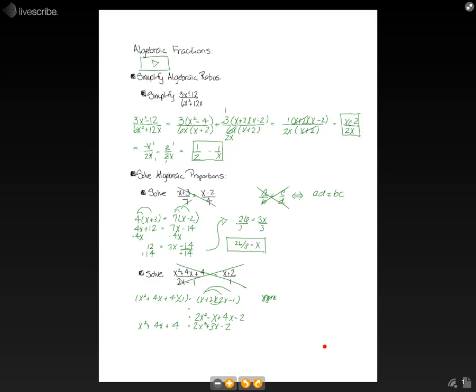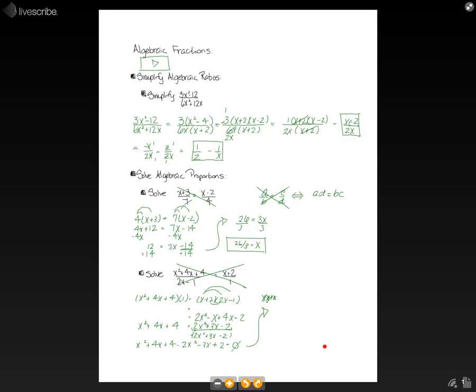We can do that by subtracting the right-hand side from both sides. So we're going to subtract 2x squared plus 3x minus 2 from both sides, which gives us x squared plus 4x plus 4 minus 2x squared minus 3x plus 2, since we brought it across the equal sign, equals 0.